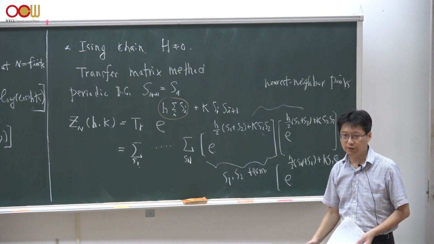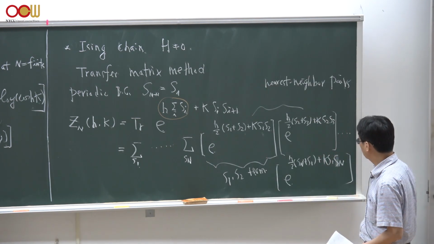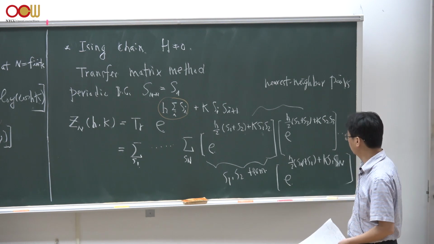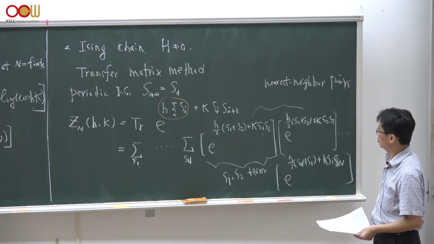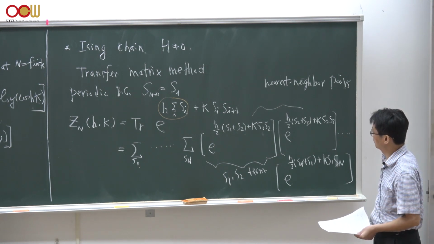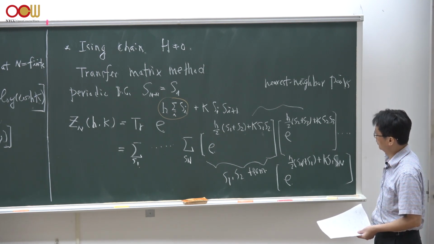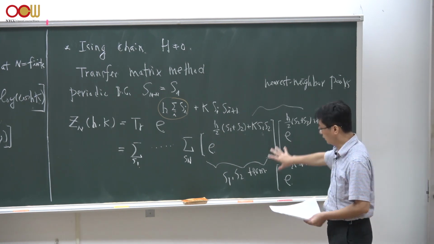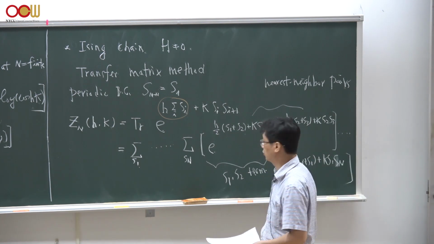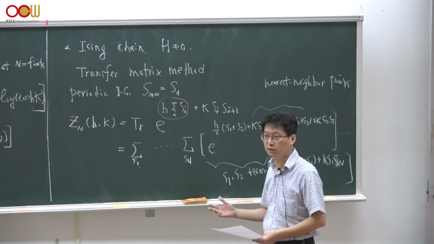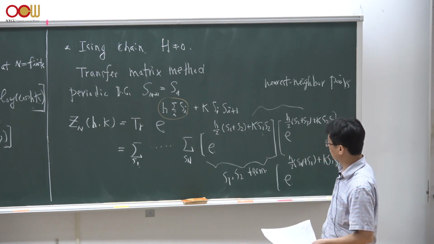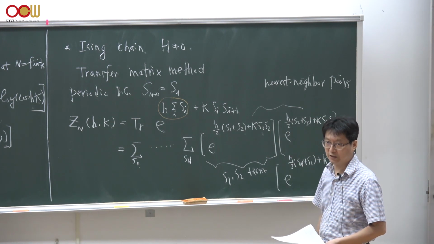So I'll stop here for today, and we'll continue next time to actually calculate the partition function of the Ising chain in the presence of the field by using the periodic boundary condition. And then we will define our transfer matrix next time, and we will get the analytical form of the partition function of an Ising chain at finite field.